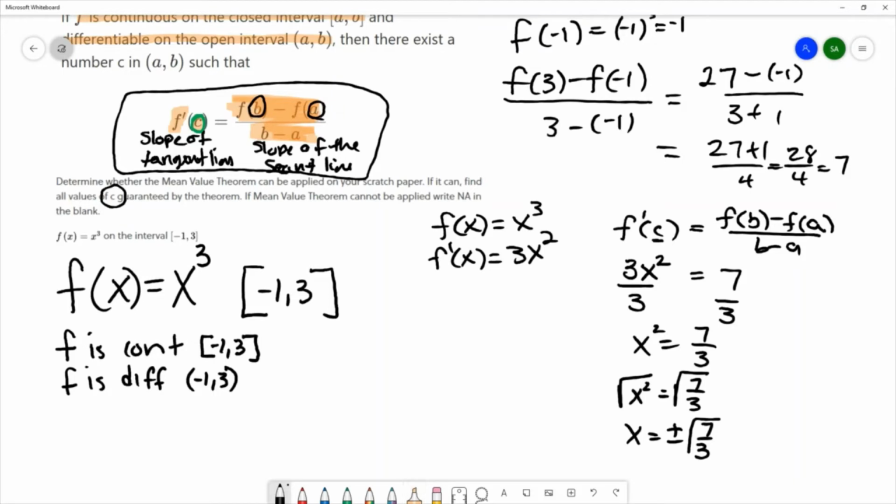So I've found potential values of c, but if you'll recall, the number c that is guaranteed by the theorem will be in the interval from a to b. So I need to calculate these values and see if one or both of them are in the interval.